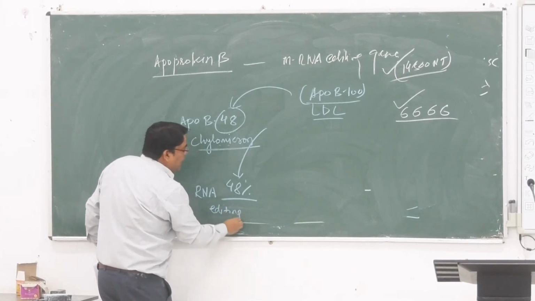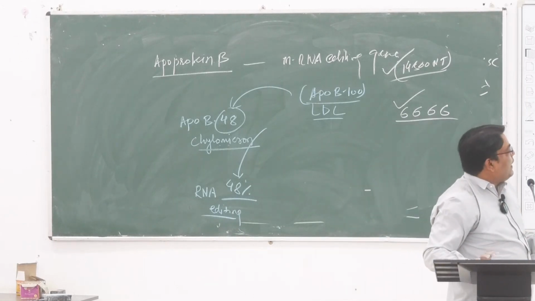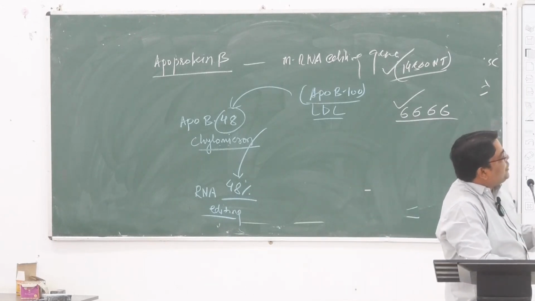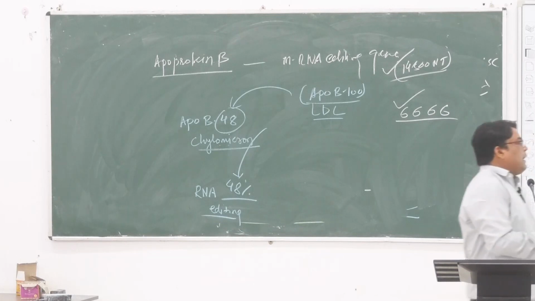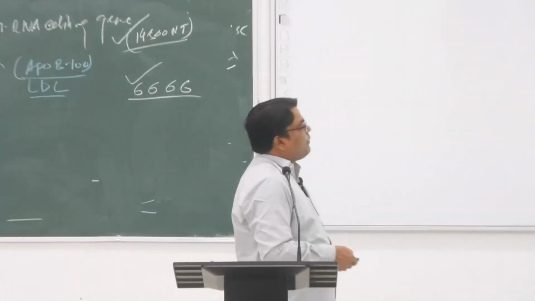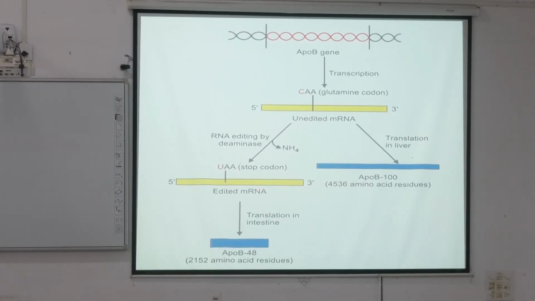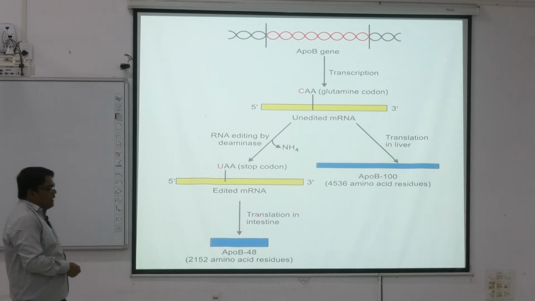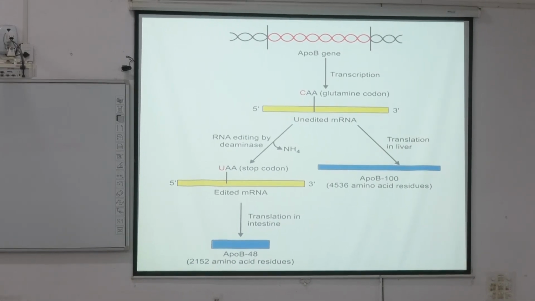So RNA editing is a change in the base sequence of RNA after transcription. The base sequence is changed, and this creates a stop codon, and it is translated in the intestine as ApoB48. So this is RNA editing.